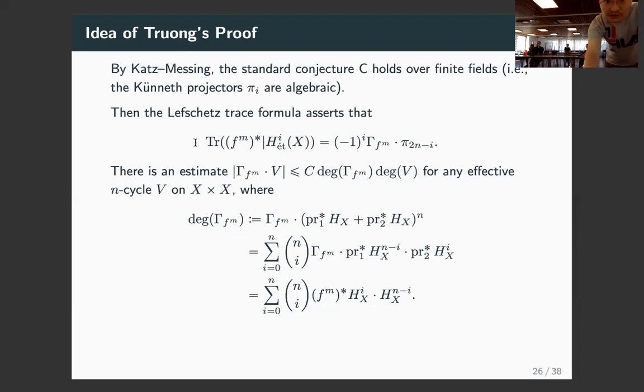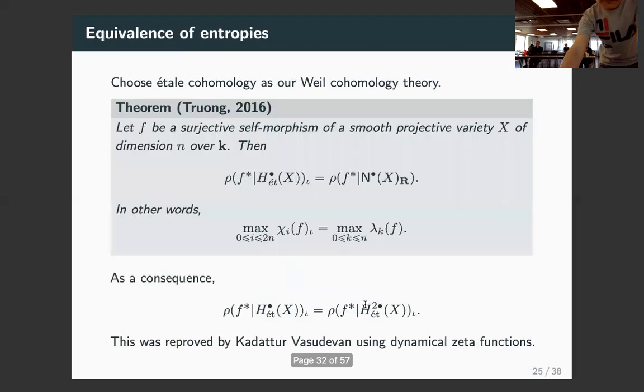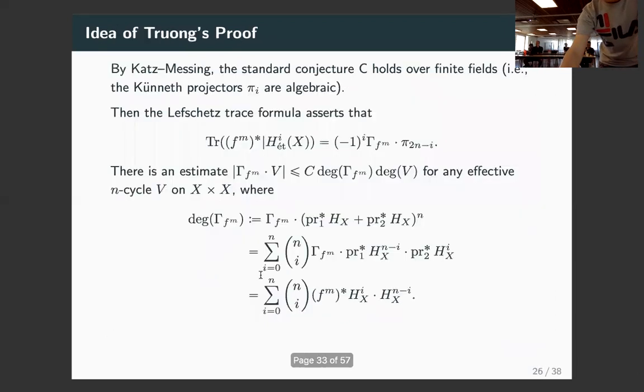Now if we take the mth root of the absolute value of this equation, the left side, by linear algebra, is the spectral radius of the pullback action of f on this vector space, and the right side would be bounded above by the maximum of all numerical dynamical degrees. Then we have this identity. So each chi_k is bounded above by the maximum of all lambda_k. But we know the other easy inequality.